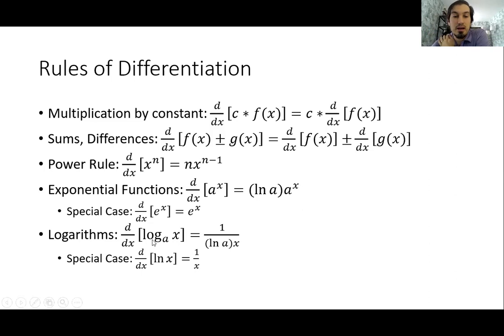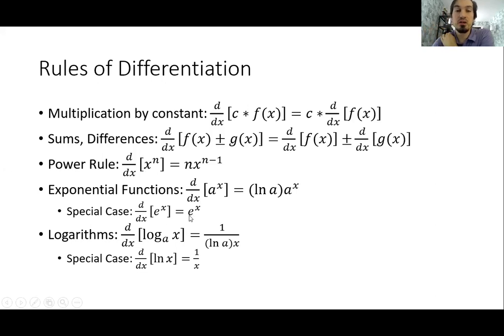By the way, nobody asked any questions, but I need to talk about these special cases. The special case in each bullet point is when this constant a happens to be equal to e, where e is the exponential number, Euler's constant, which is approximately 2.718. Whenever the base of an exponential function is e, it's this very special case where the derivative is itself.